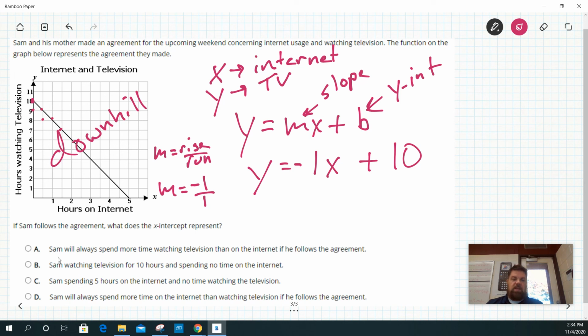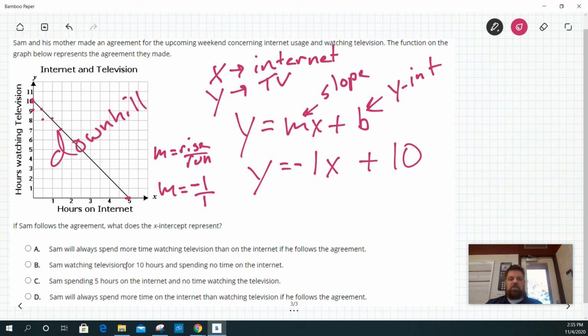All right. So it says Sam will spend more time watching television than on the internet if he follows the agreement. No, because right here he's going to spend more time on the internet than watching TV. Because he's going to be on the internet 0 hours, but watching TV for 5 hours.